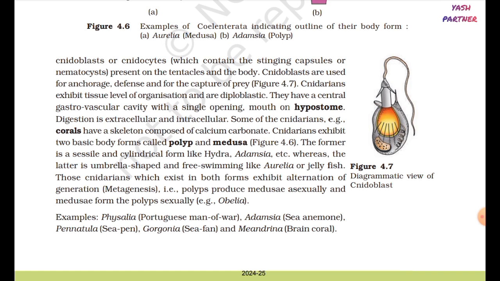Those cnidarians which exist in both forms exhibit alternation of generation, metagenesis, that is, polyps produce medusae asexually and medusae form the polyps sexually. Example: Obelia. Examples: Physalia, Portuguese man of war, Adamsia, sea anemone, Pennatula, sea pen, Gorgonia, sea fan, and Meandrina, brain coral.